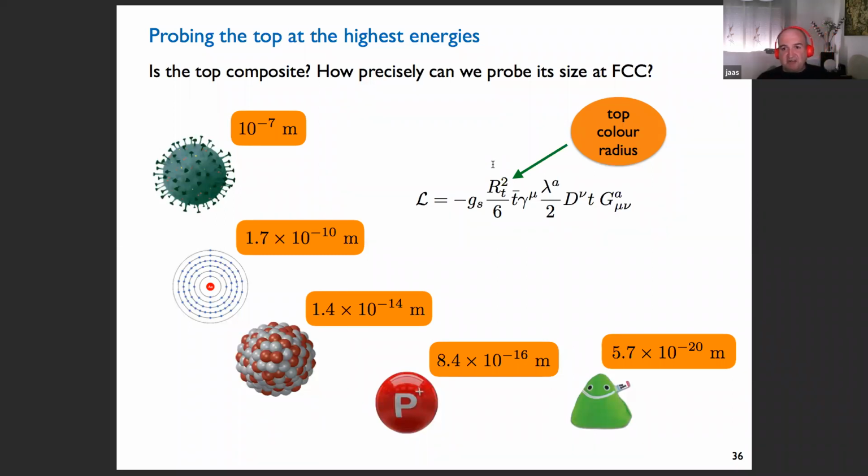Put in usual quantities, it's 10 to minus 20 meters, and you can compare this quantity, which is the top radius that will be probed at the FCC, with lengths of other popular objects. The FCC, if I have not mentioned, is 100 TeV.